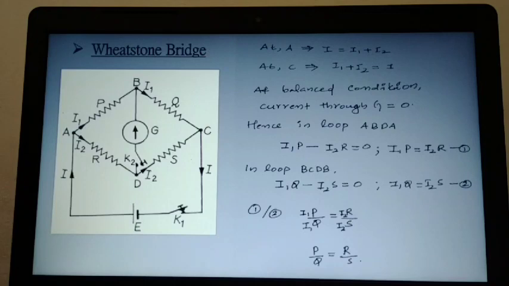What is there in the right hand side? It is a sum of EMFs. Is there any cell you can find in that loop BCDB? No. So there also the right hand side will become 0. So I1Q is equal to I2S.